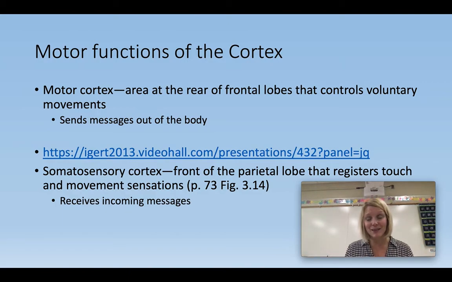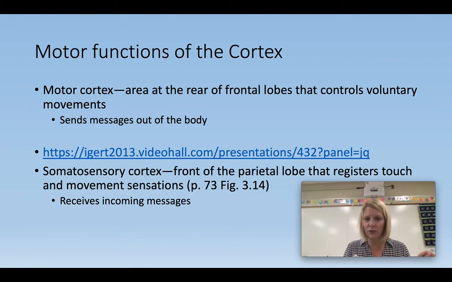So for instance, if you ever get a tattoo, it might hurt in some areas more than it would others. And it really kind of depends on where that falls on the somatosensory cortex.